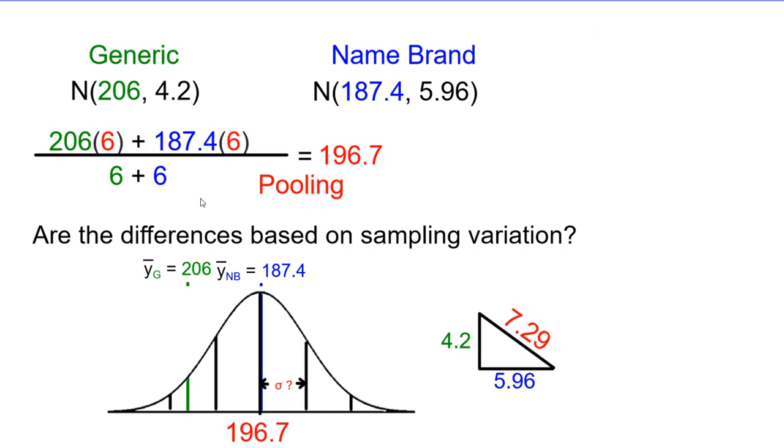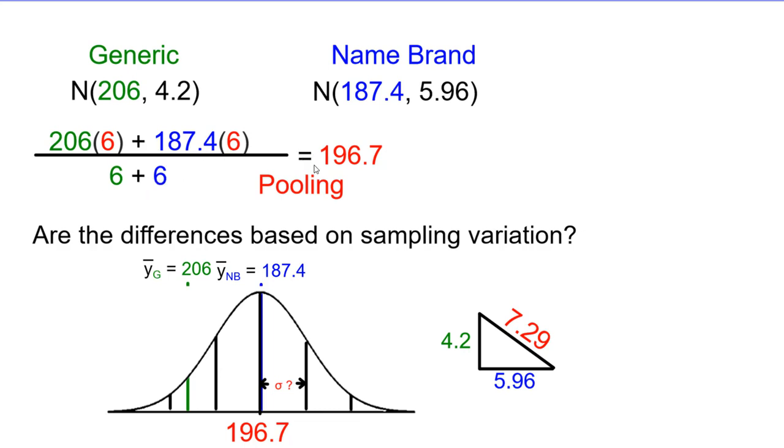So we want to take the total minutes from the generic, the 6 sets of generics, so their average times 6 will tell us back the total, and then do the same thing for the name brand, the average times those 6, and that gives us the total amount of minutes of playtime divided by the total number of sets, which would be 12.